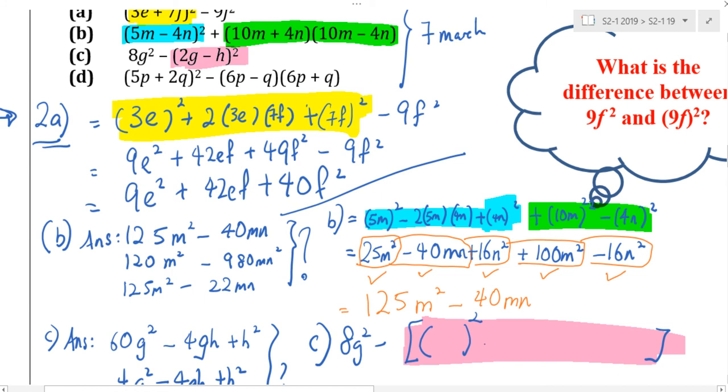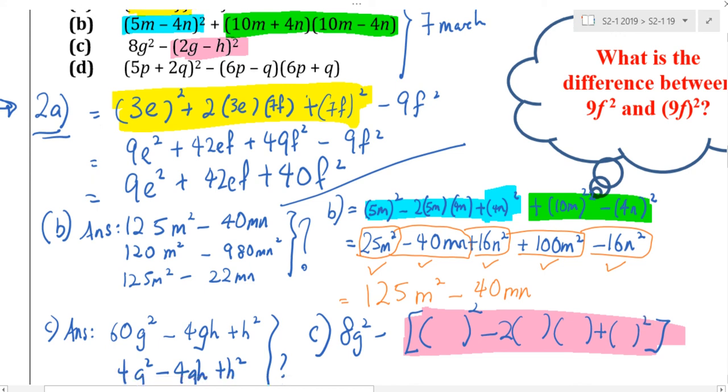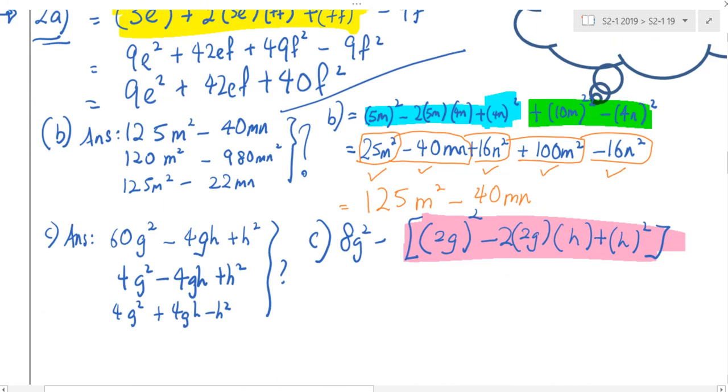Okay, then after that minus or plus? Minus 2 bracket, plus bracket square. Very good. Now I want to put in the 2g or h. First one is 2g. Second one 2g. Third one h. Fourth one h.